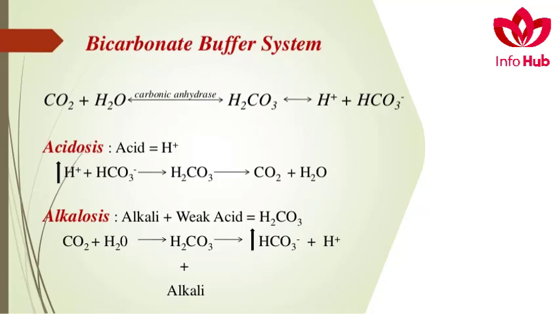And in case of alkalosis, the CO2 joins the H2O to form H2CO3, which is a weak acid. So that's how. You don't need to know further details. You should be aware that there are buffer systems in your body to compensate.